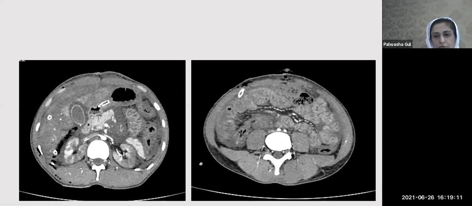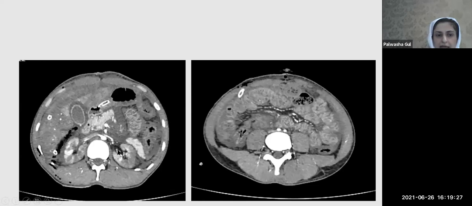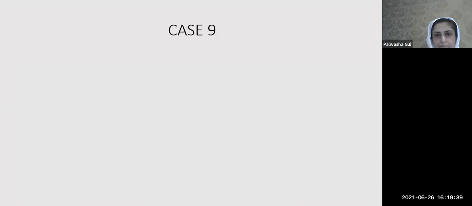So the reason for showing this CT scan was to show you the spectrum in a trauma patient, with grade 4 and grade 5 liver injury, with a contrast blush, and to give you the concept of contrast blush, hyper-enhancing adrenals, hyper-enhancing bowel wall, and a striated nephrogram because of tubular necrosis. So this was all due to the patient being in shock, losing a lot of blood, and this was a kind of shock bowel picture, okay?